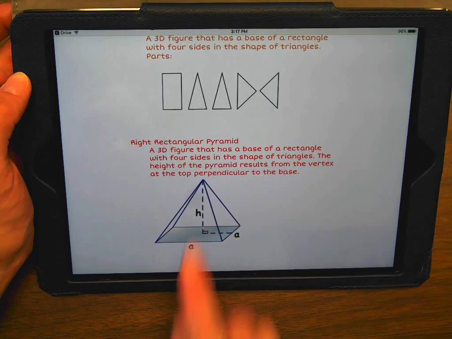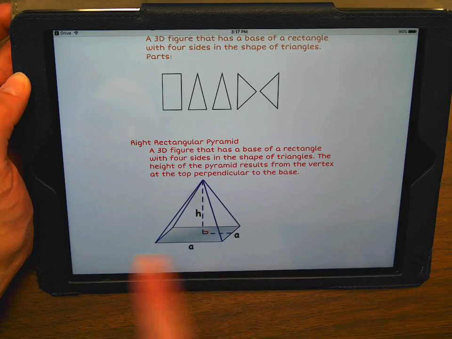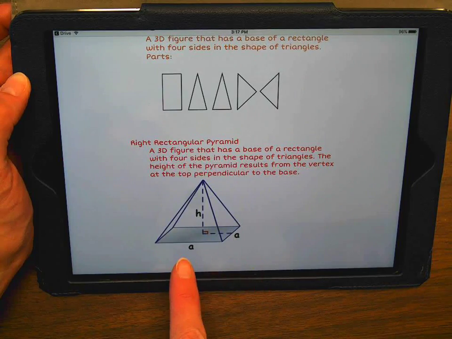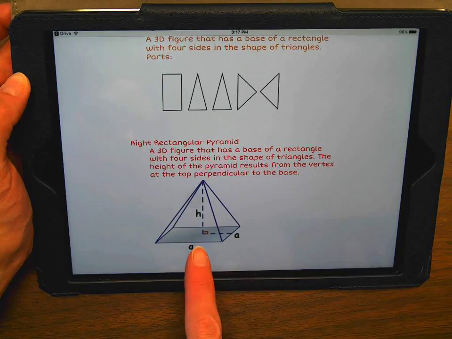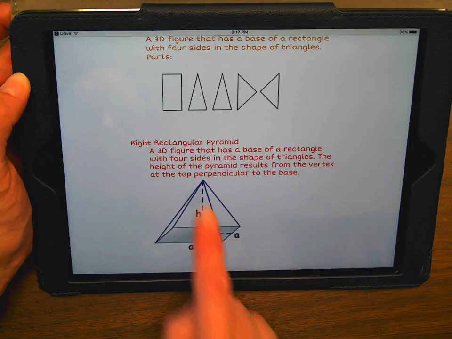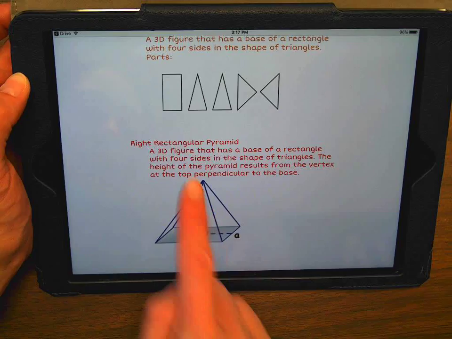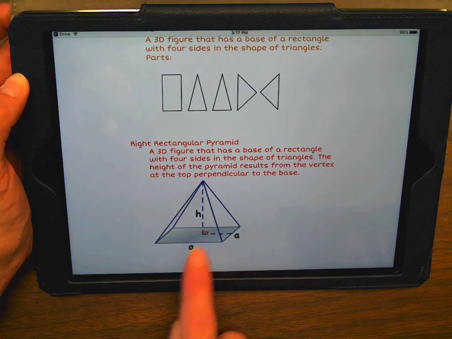Your height right here is determined by it being perpendicular to the base, and that creates a 90-degree triangle. Okay? So it's very easy to figure out the height if it's missing, as long as you know the length of your triangle side and where the intersection occurred.